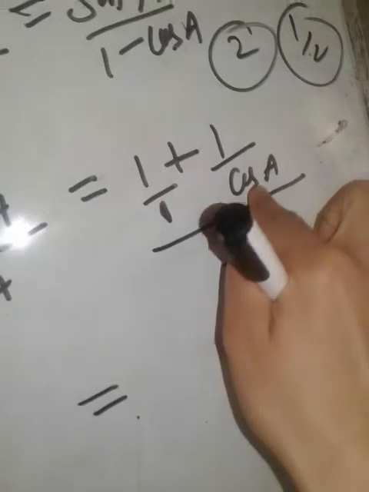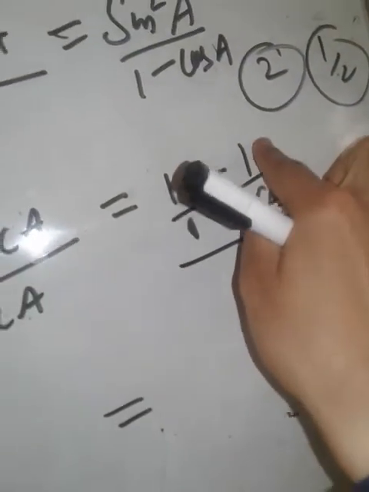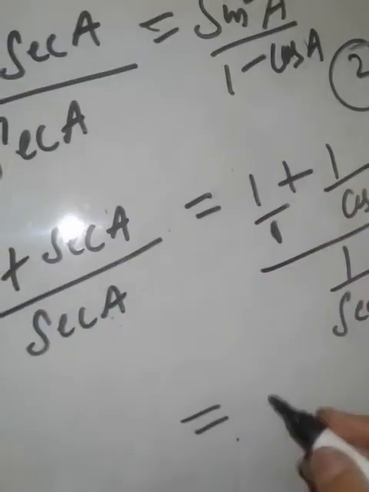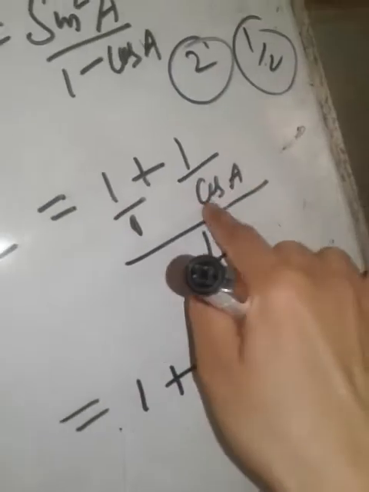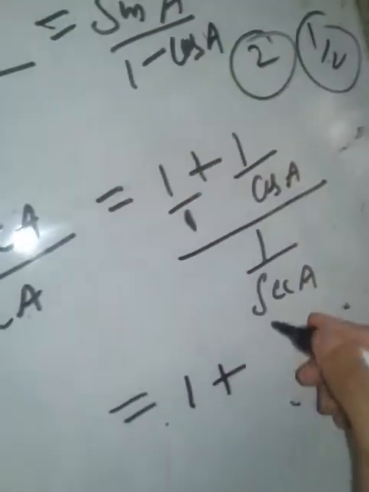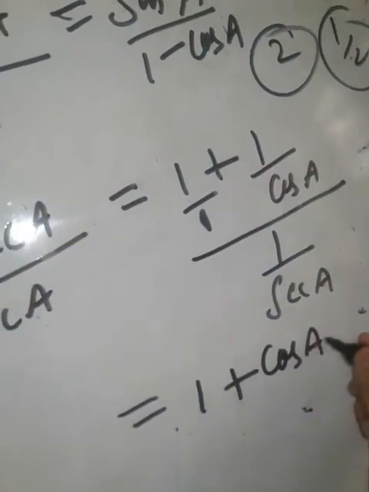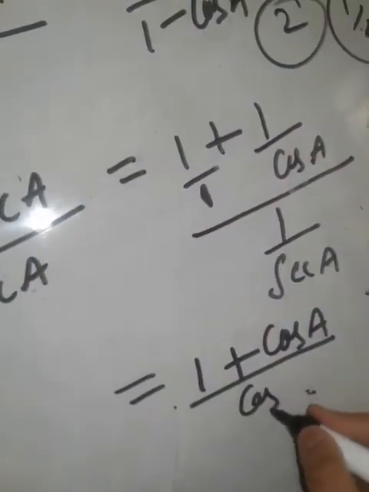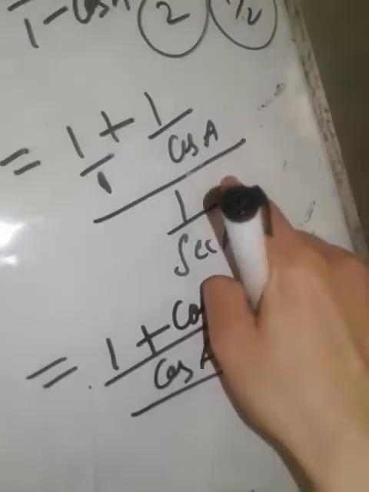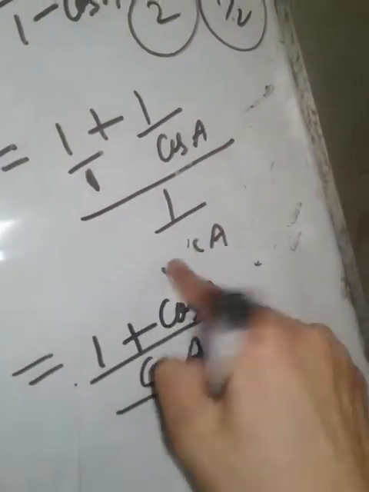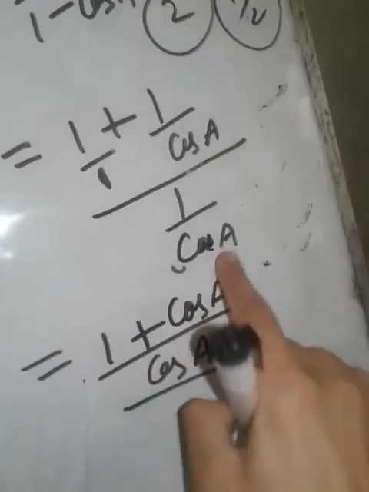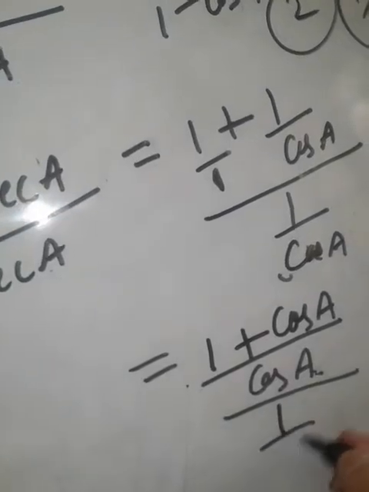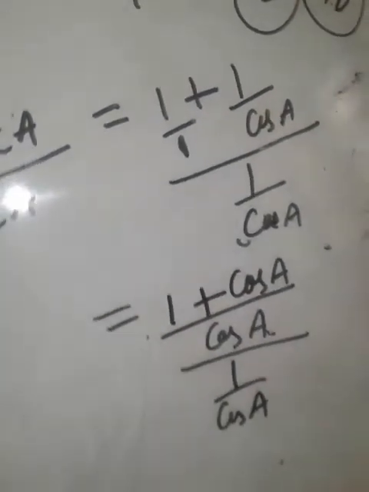Now take a look. Here we will do cross multiply. 1 into 1 is 1, plus cos a into 1, cos a, divided by cos a into 1, cos a, whole divided by 1 by cos a.